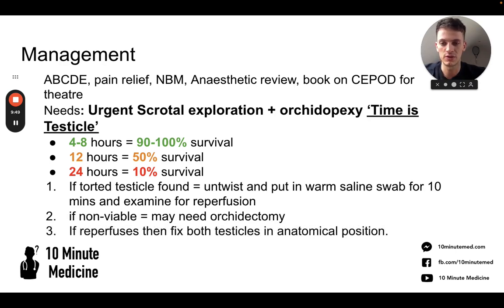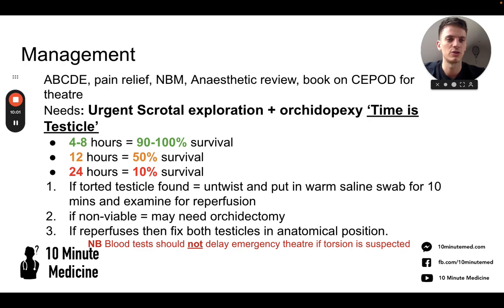And if it reperfuses, then fix both testicles in the anatomical position, because if one's been torted, you're at more risk of having another one. So that's why both are fixed. Just as a note as well, the blood tests that I mentioned shouldn't delay emergency theatre if you do suspect torsion. So just remember that.